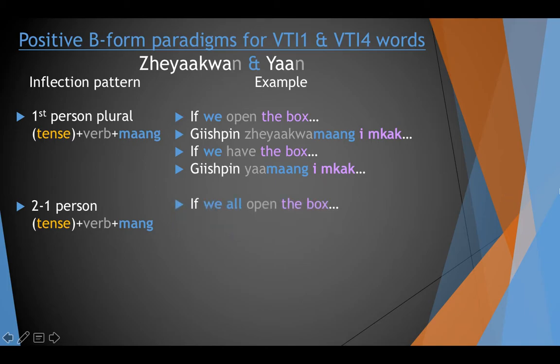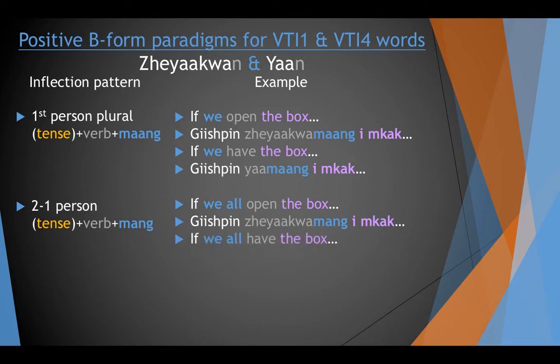Moving on to our 2-to-1 person, if we all open the box. So again, it should be the same. We're just replacing mong with mung. So our translation should be Gishbin jeakwamung imkuk. And there we go. And then we have if we all have the box. So I'll give you a few seconds to translate on your own, and then we'll take it up.